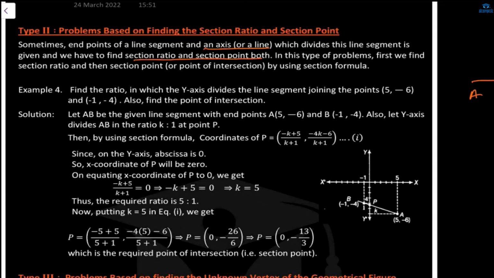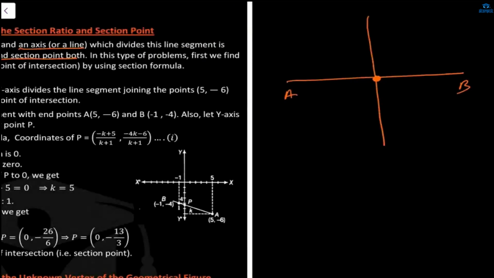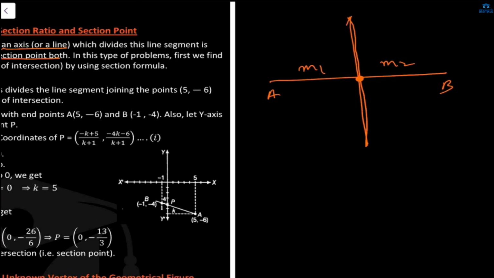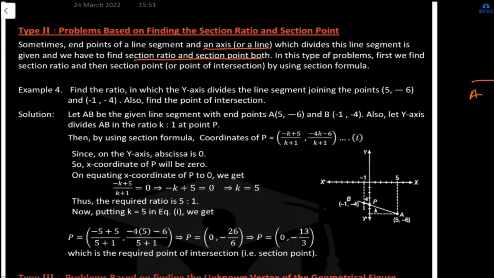So this is your section point, and section ratio means m1, m2 you have to find out. Now the line which is dividing this AB in some ratio can be the x-axis, the y-axis, or any type of line. In this question, I think it is the y-axis. Now read the question, you'll understand better with the help of a question.